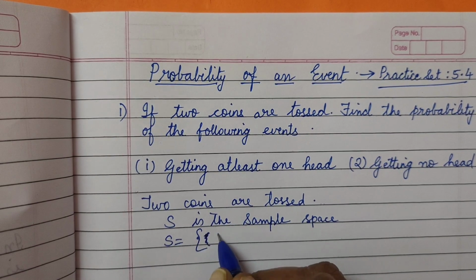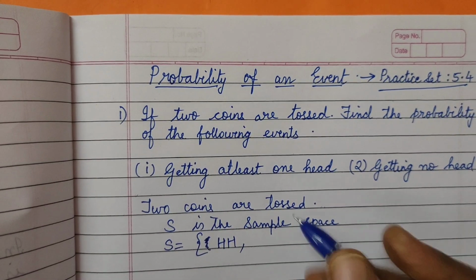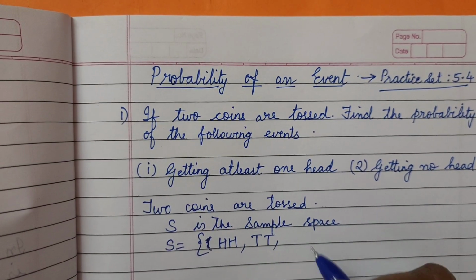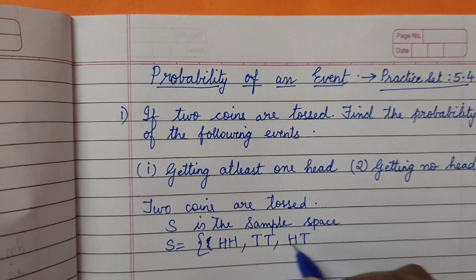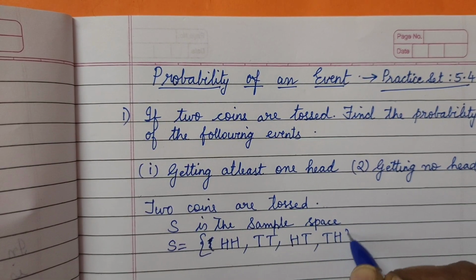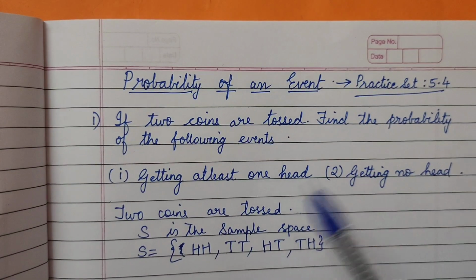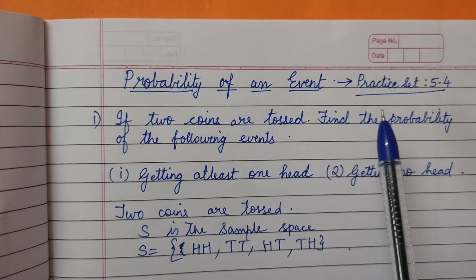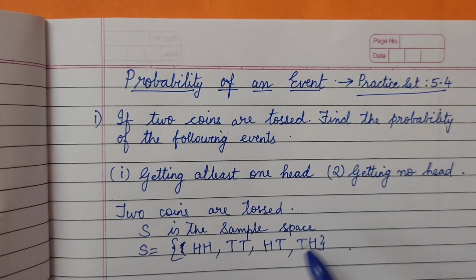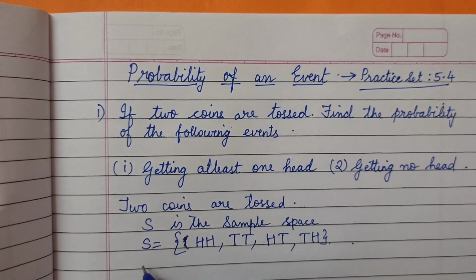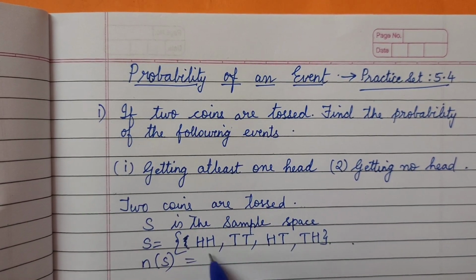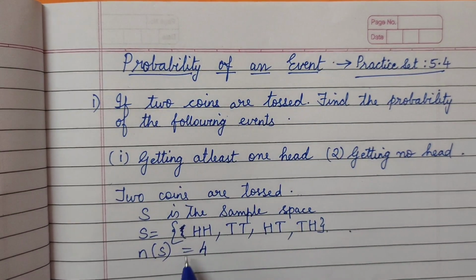HH, HT, TT, TH. I have already taught you, if it is 2 coins, it is 2 to the power 2, that is 2 squared, so there should be 4 outcomes. N of S is 4. So we got the sample space.